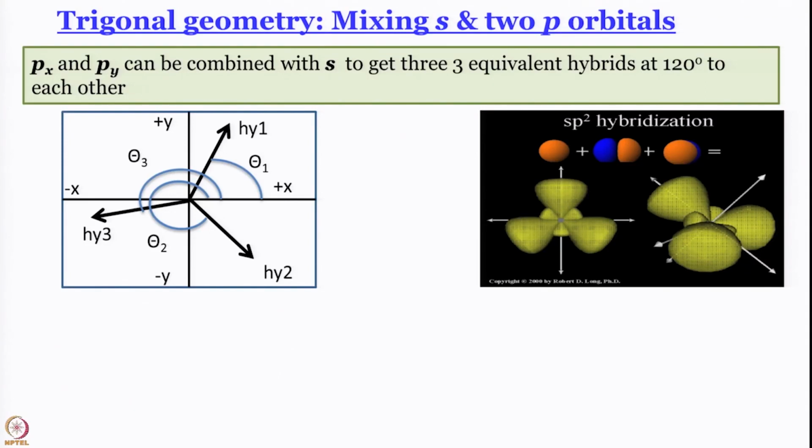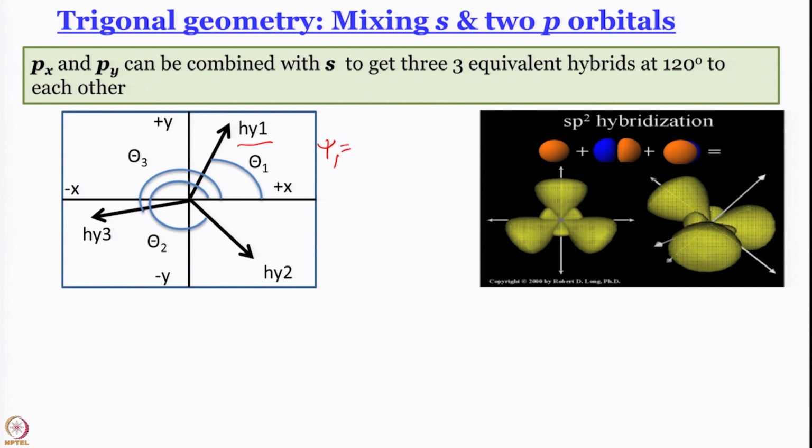So now if I want to write an expression of these orbitals, what will the wave functions be? The wave functions will be something like, let us say I will write psi 1 for hybrid 1, and please do not worry if you cannot read my handwriting, in any case everything is written nicely down below.